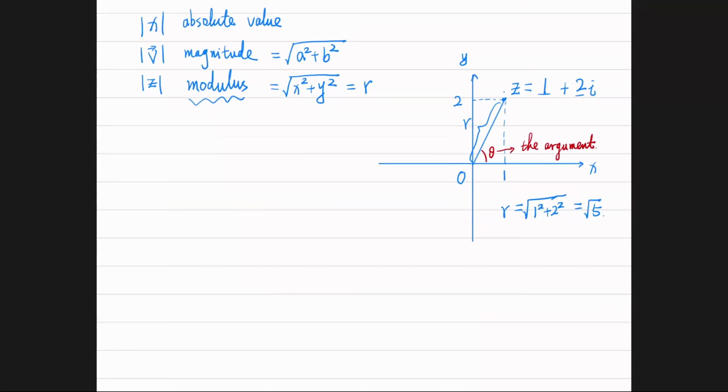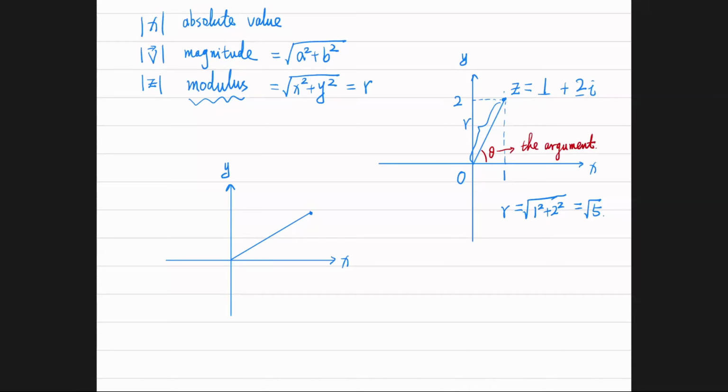Okay, now let's consider the general case. Wait, so then we can use the vector to calculate. We know y is 2, and we can just use 2 and 1 to get r. So that is root 5, and then we can use that to get theta. Okay, let me try.